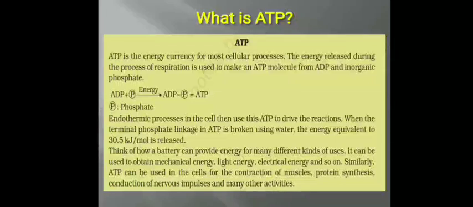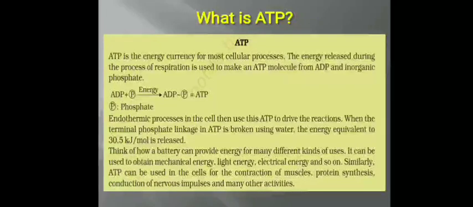During this time, energy is utilized, so this reaction is called an endothermic reaction. But respiration produces energy, so it's called an exothermic reaction. Is that clear, children? Here the circled P denotes phosphate. An endothermic process in the cell then uses this ATP to drive further reactions.